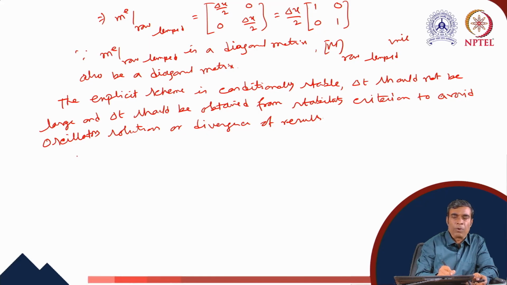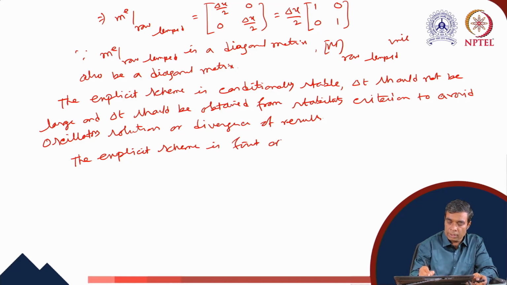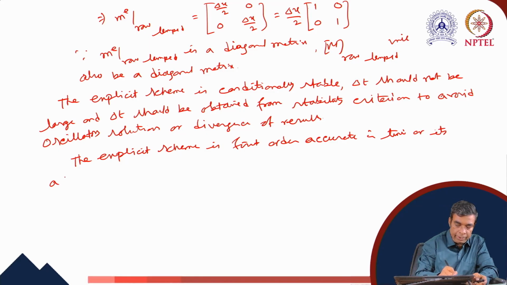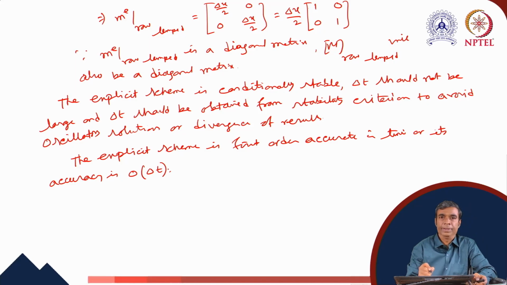So this forward Euler scheme, this is the explicit scheme, is first order accurate in time, or its accuracy is order of delta t. Now we go for the implicit scheme or the backward Euler scheme.